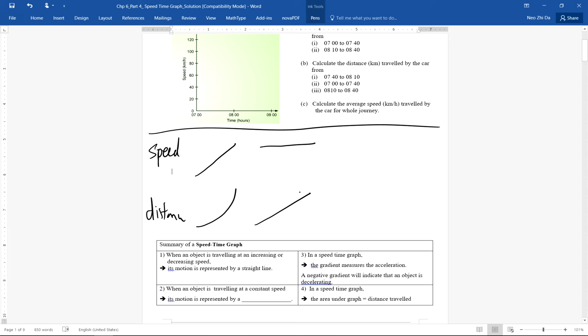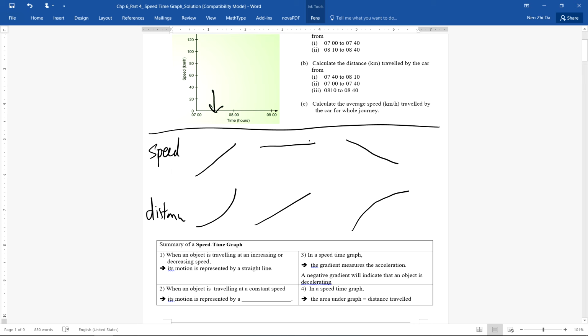Now, if your speed is reducing, maybe you're reaching the red light already and you're slowly pressing the brake, slowing down, your distance time graph will look like that. Number one, you can see it's a positive gradient, an increasing graph, then in your distance time graph you can see the gradient getting steeper and steeper.